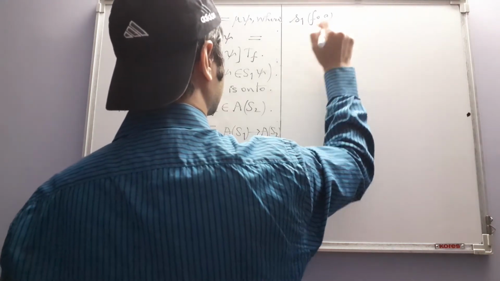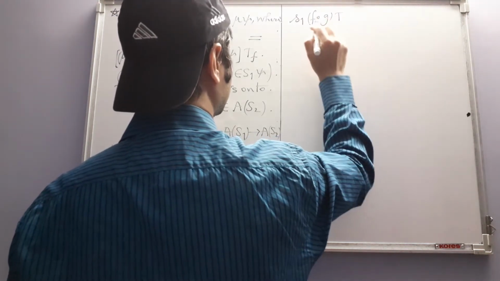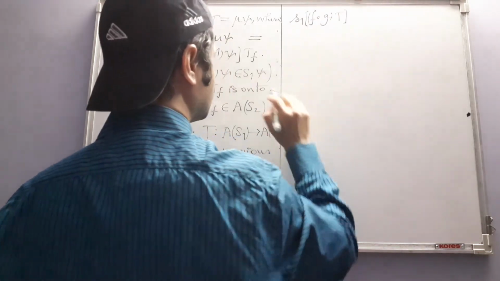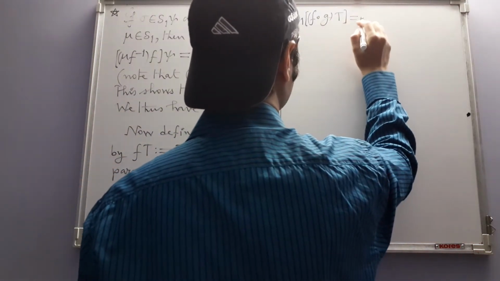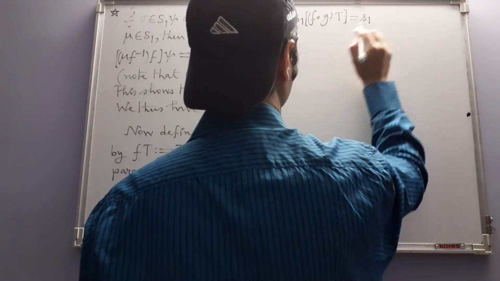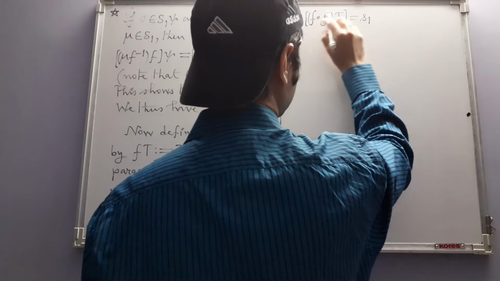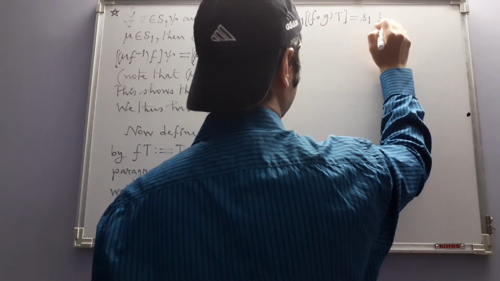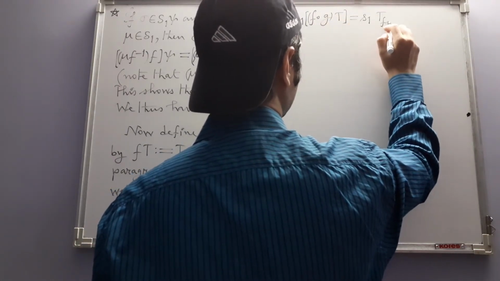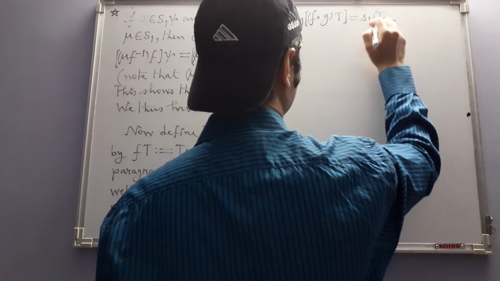F composition G, T. First of all, by the definition of the function T, this itself is TF composition G.